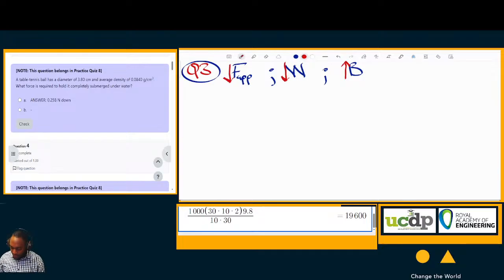Which means that if you sum this up, your buoyancy minus your force applied minus your weight should give you a resultant of 0, such that your buoyancy is equal to the applied force plus the weight of the ball.